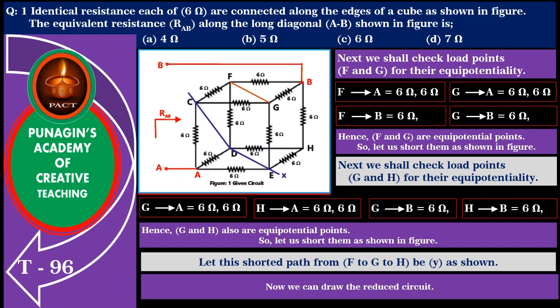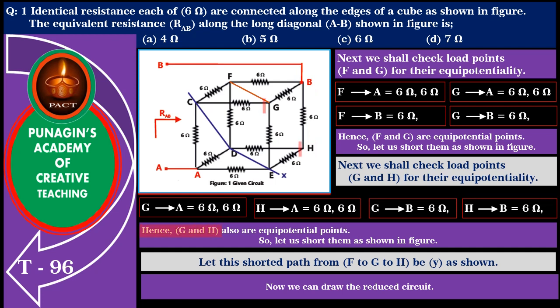Next, we shall check the load points G and H for their equipotentiality. Path resistance from G to A is equal to 6 ohm, 6 ohm and from H to A also is equal to 6 ohm, 6 ohm. Similarly, path resistance from G to B is equal to 6 ohm and from H to B also is equal to 6 ohm.